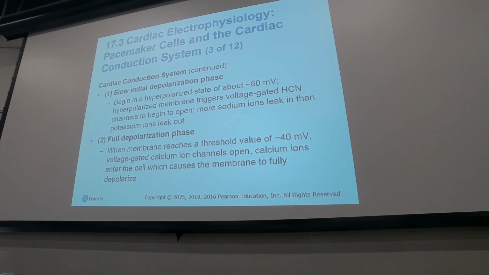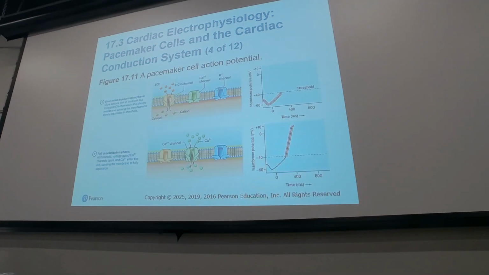When you have full depolarization, you will open your voltage-gated calcium channels, and then calcium will enter the cell. And that is going to open in your cardiac muscle cells voltage-dependent calcium channels that will trigger a stronger contraction of the muscle cells in the heart. So these are the phases, and these are the channels that participate to make these phases happen.